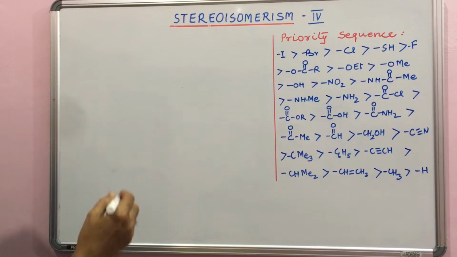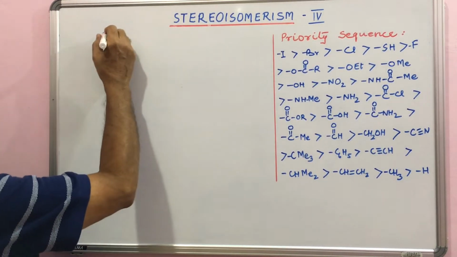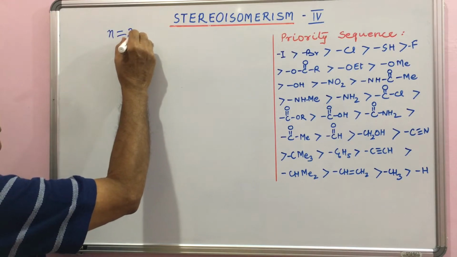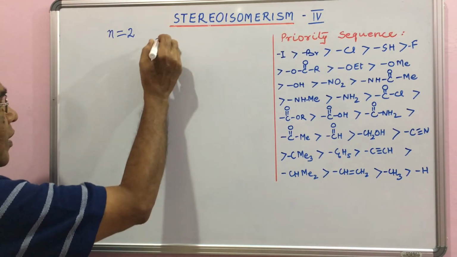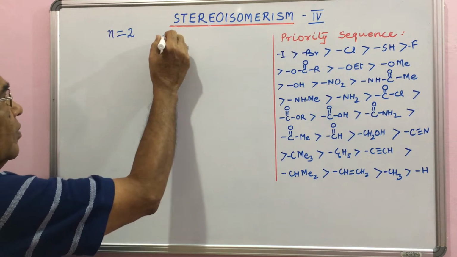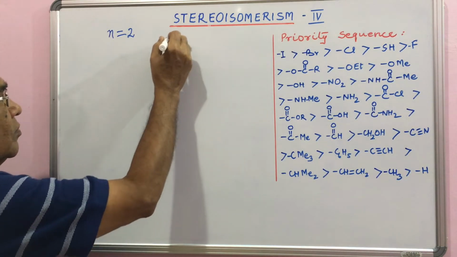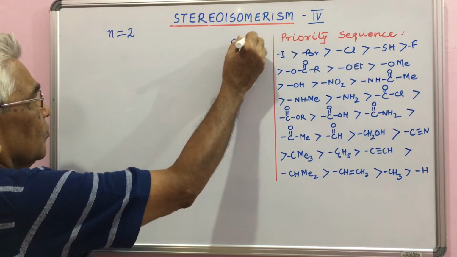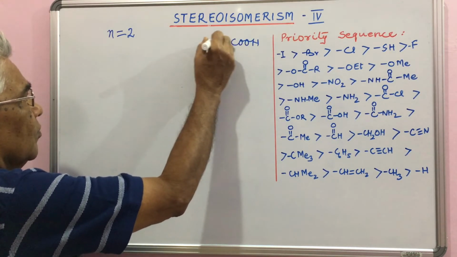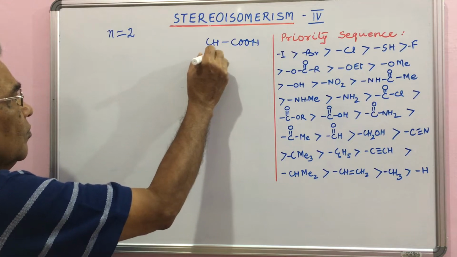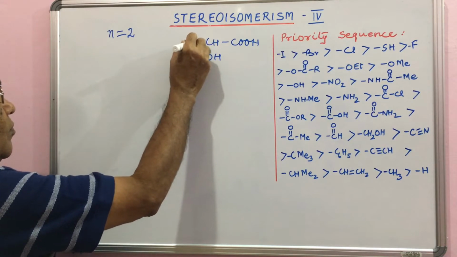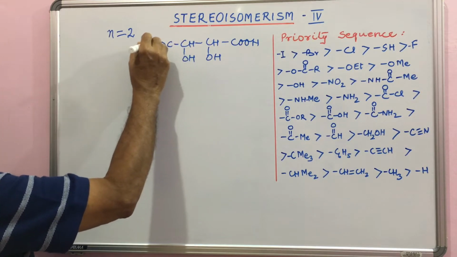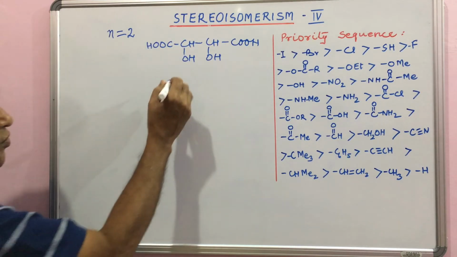Let us take another case of n equal to 2, that is, 2 asymmetric carbon atoms, and this time we take this example, tartaric acid.